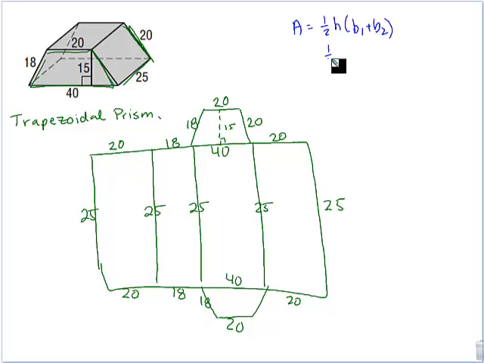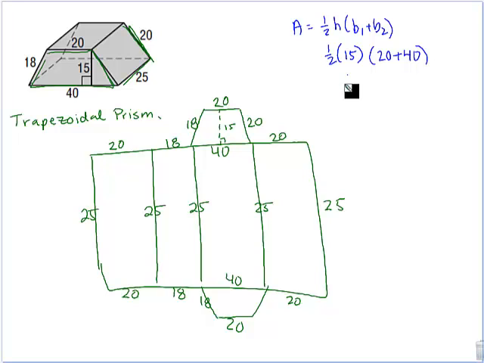So 1/2, the height is 15. Base 1 and base 2 are what? 20 and 40. Okay, so what's this going to be? Half of 15 times 20 plus 40. 450.